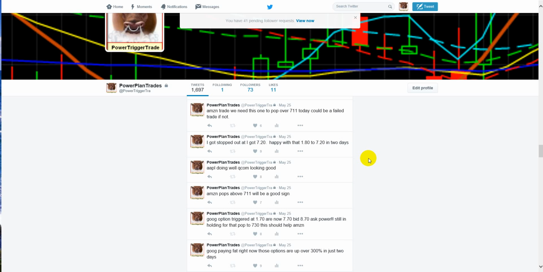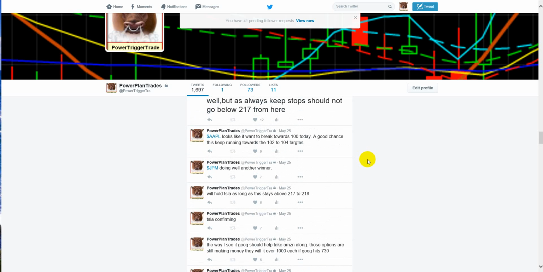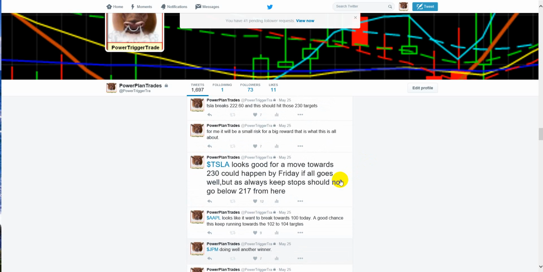And you know, this is what Power Trigger Trade's about. I mean, when you trade these weekly options, you don't have time to wait around. You've got to be able to identify strong moving stocks that are ready to move. And then when they don't, or if they fail to hold some key supports, you know, we get out. And look, the Tesla trade did well.